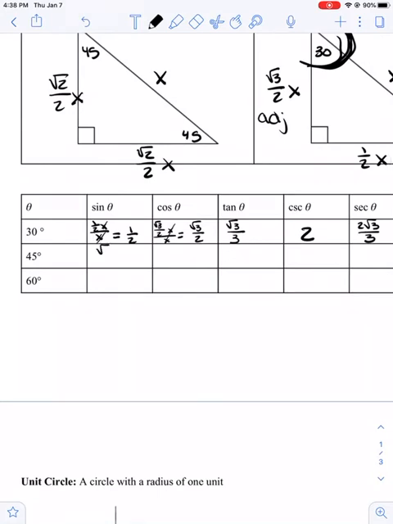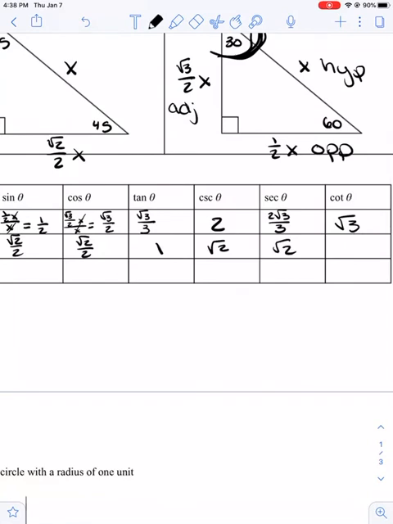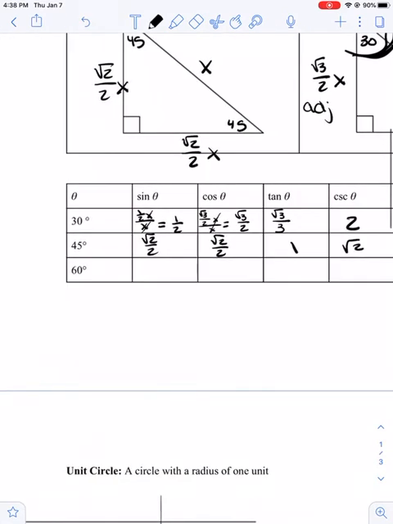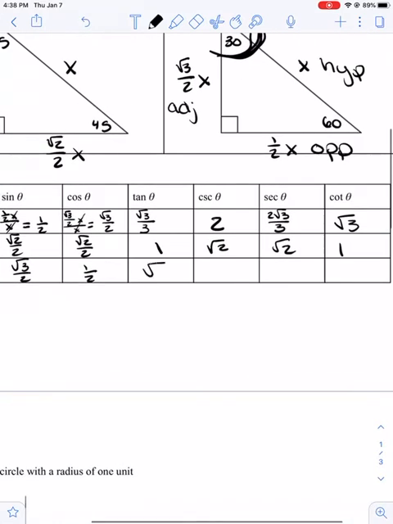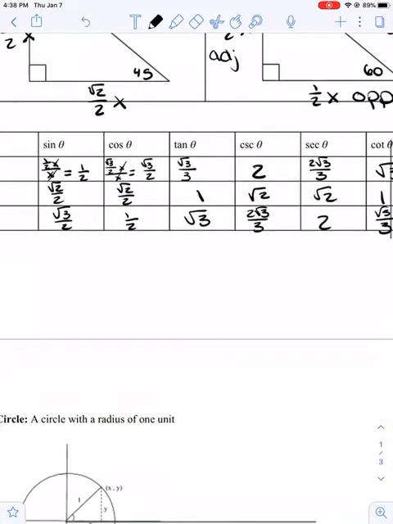So this is root 2 over 2, square root 2 over 2, 1, root 2, 1, and then 60 degrees is square root 3 over 2, 1/2, square root 3, 2 root 3 over 3, 2, and square root 3 over 3.